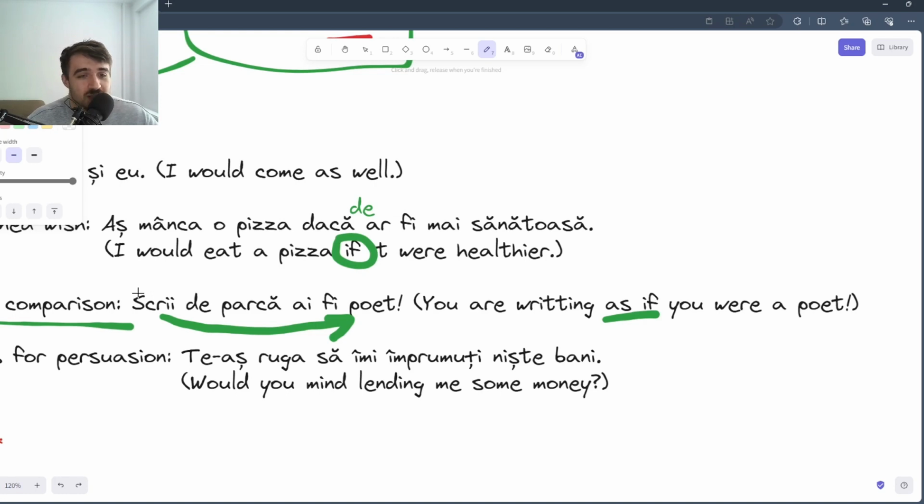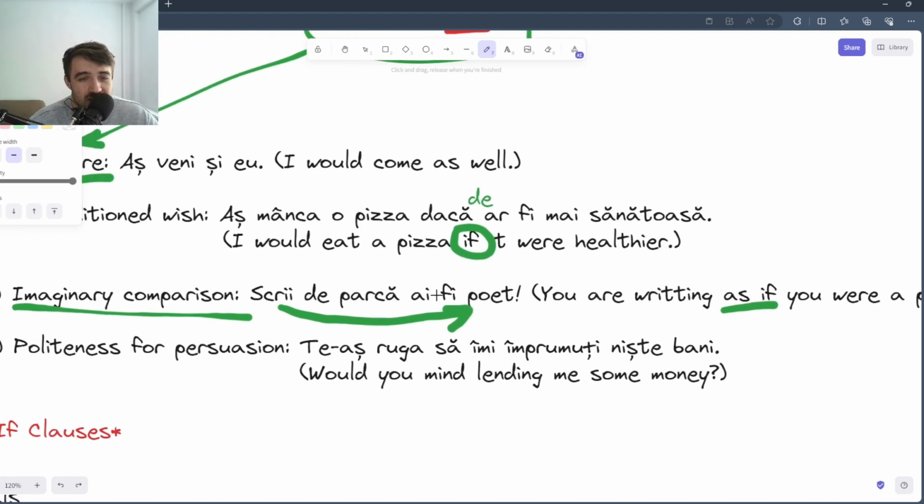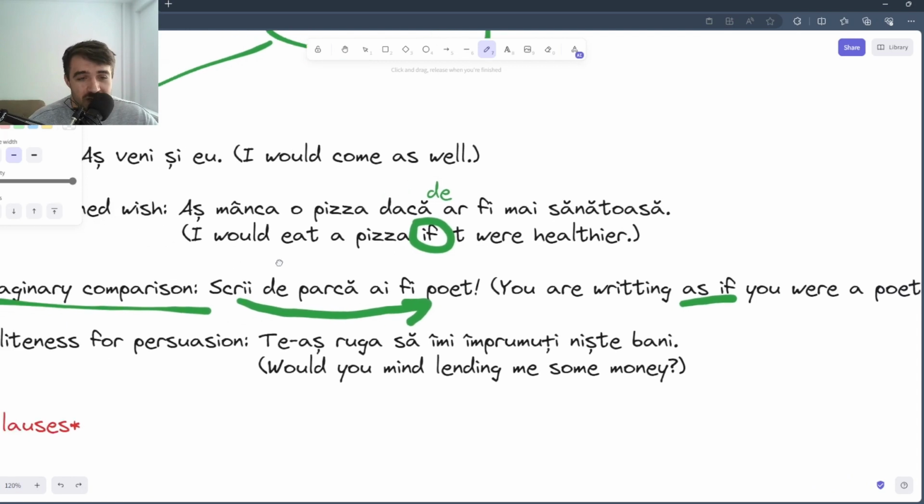I mean, if I say "scrie de parcă ai fi poet," that's a mockery. But if somebody, for example, laughs and says "scrie de parcă ai fi poet," that probably is a bit more just fun in general. Probably the more serious somebody is with this, or if they raise an eyebrow, the more sarcastic or the bigger the mockery.